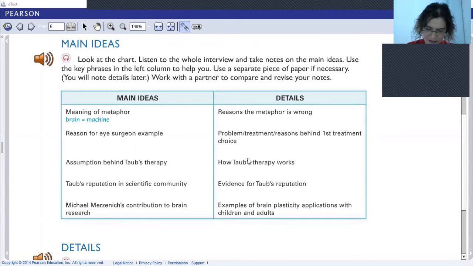What did they say about that? Studies exist to prove effectiveness and prove that other rehab methods are not effective. And the last one, Michael Merzenich's contribution to brain research: the details mentioned in the key phrase are examples of brain plasticity applications with children and adults.